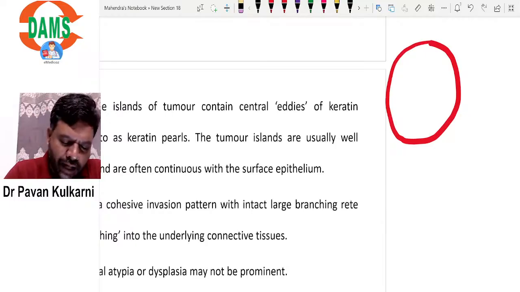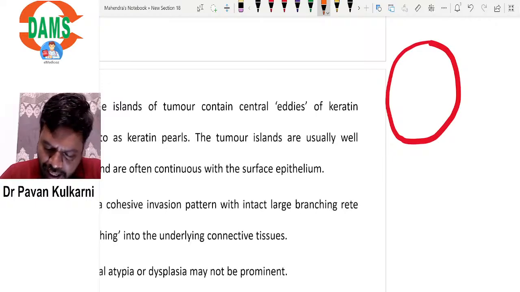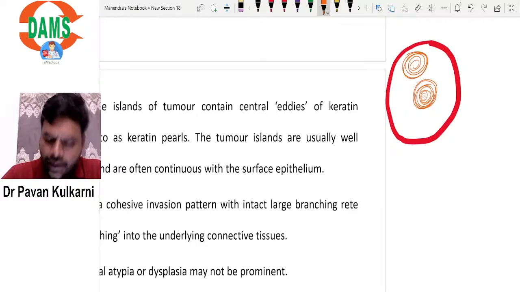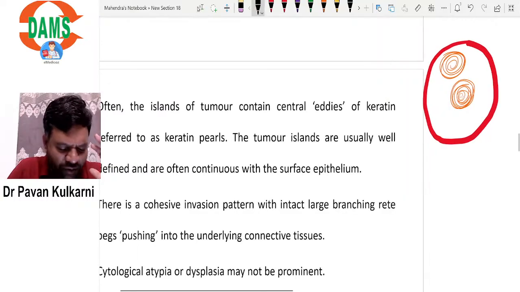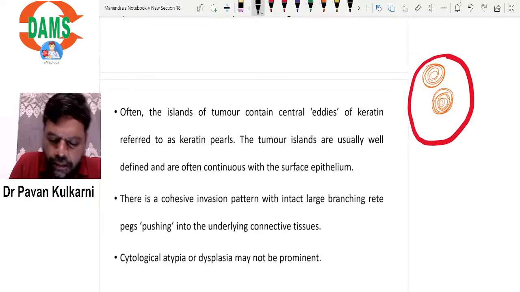This tumor island will contain keratin like this, centrally. These are called eddies of keratin, and this is nothing but your keratin pearl.